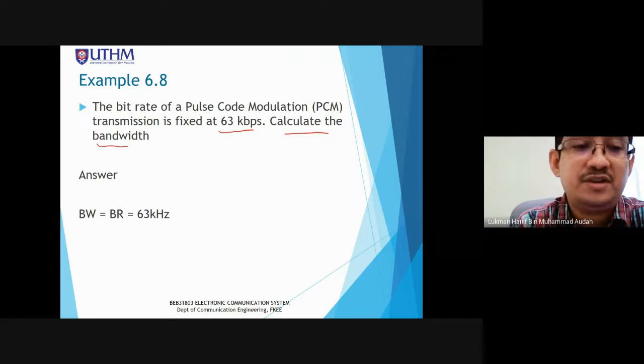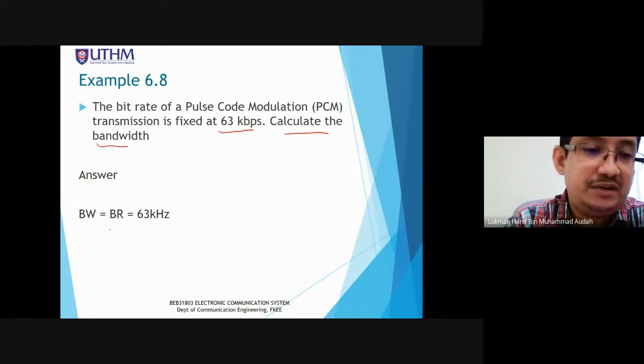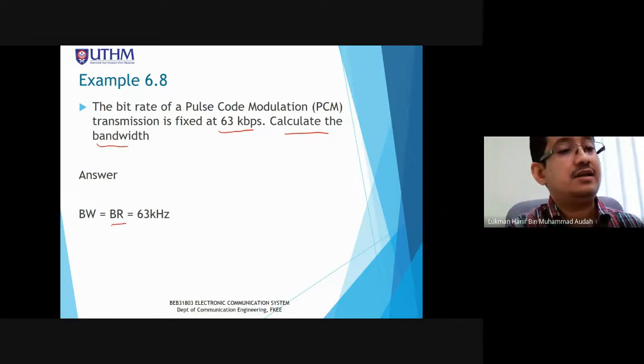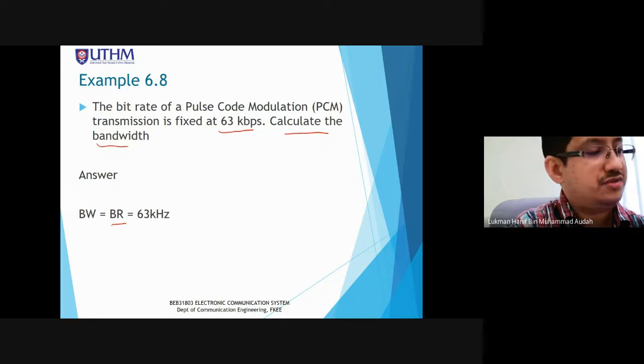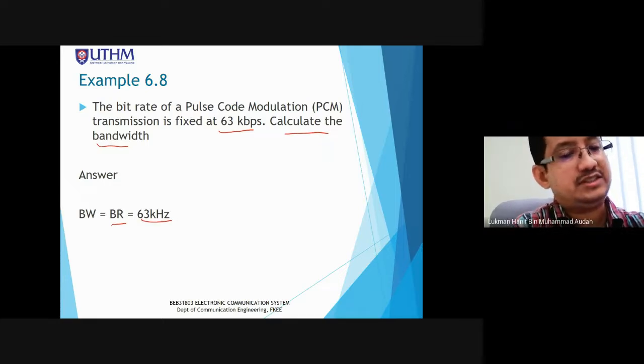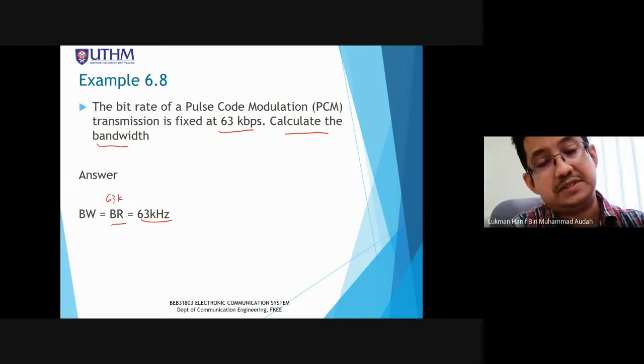Okay. So seperti yang saya katakan tadi, in general apabila kita sebut bandwidth of PCM, it is equal to the bit rate. Okay, sama dengan bit rate. So this is equal to 63 kilohertz, because our bit rate is 63 kilo bit per second.